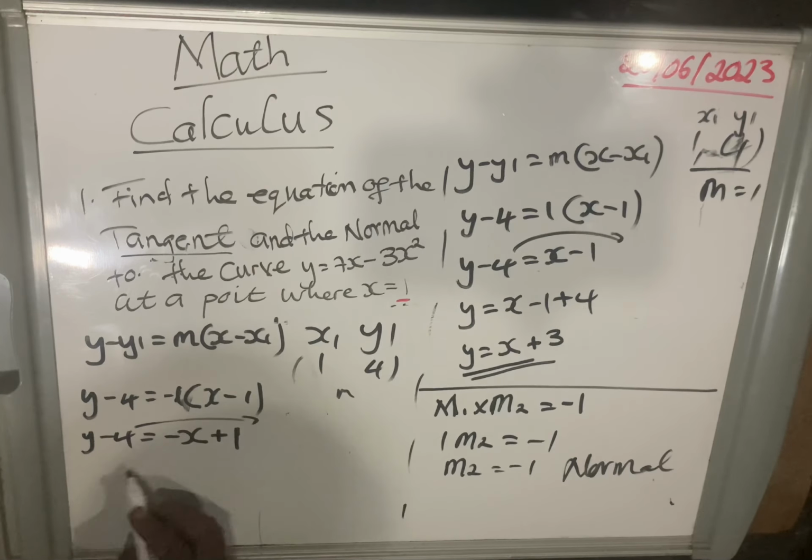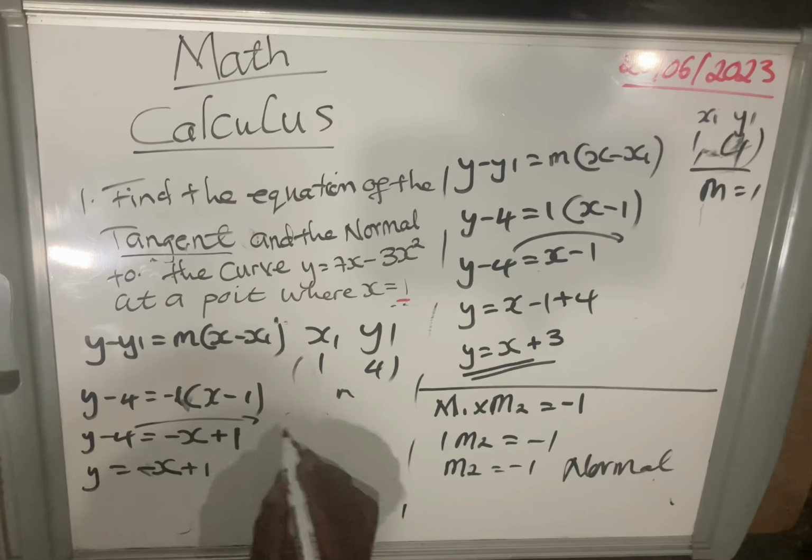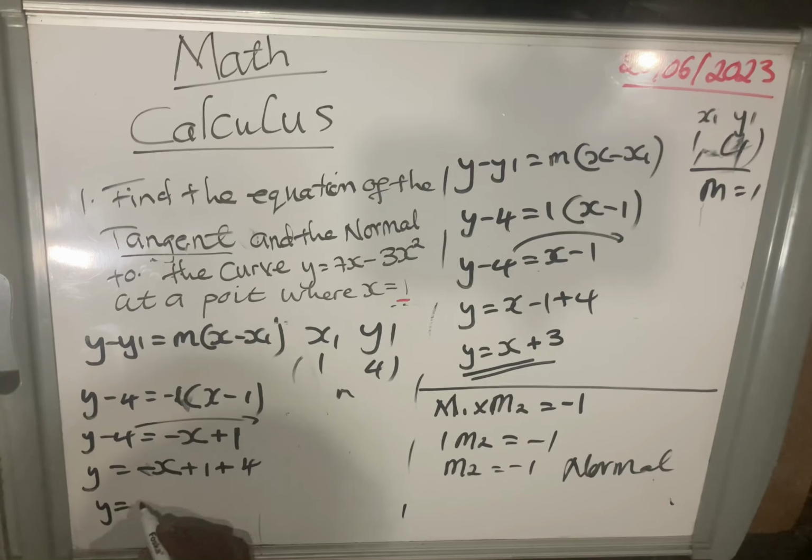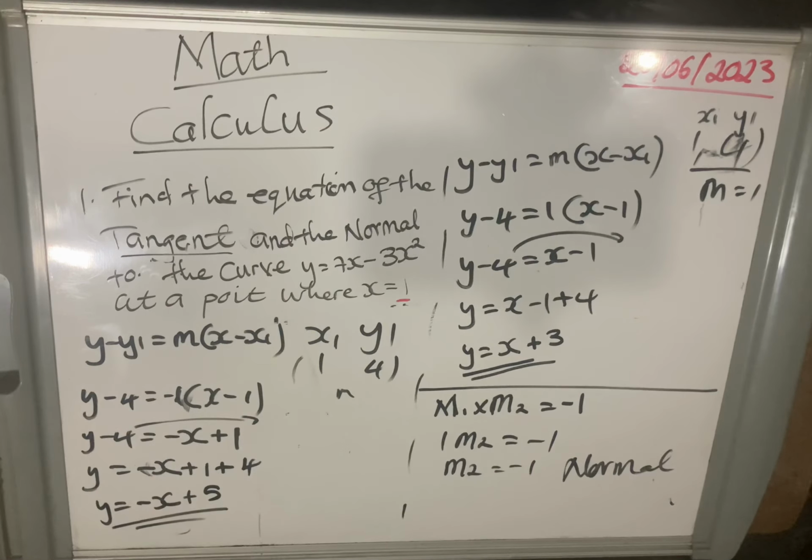Collect like terms, this guy goes there. So we have y equals negative x plus 1, and when the 4 goes that side, it becomes a positive 4. So y equals negative x plus 1 plus 4, giving us 5. So these are the answers for this question in this topic.